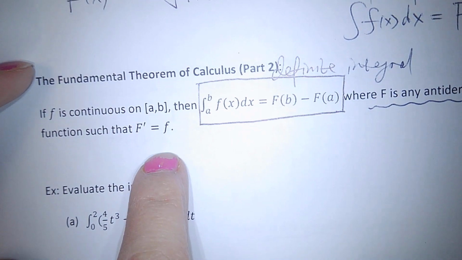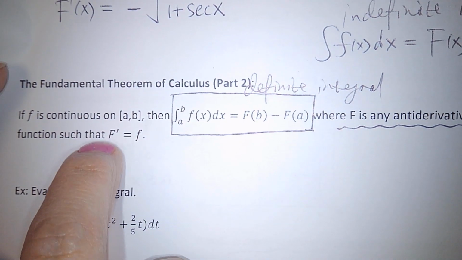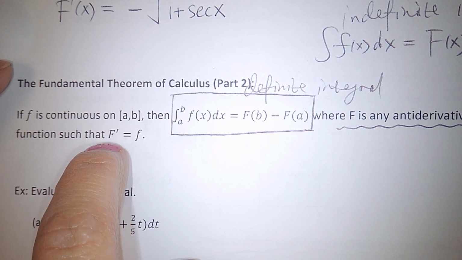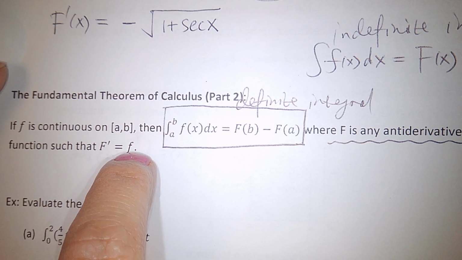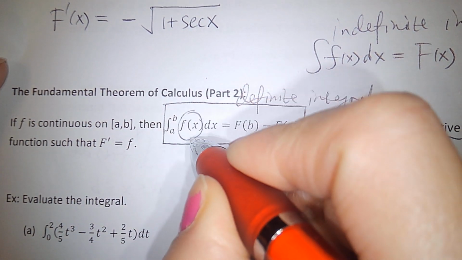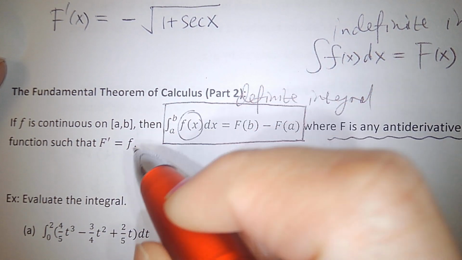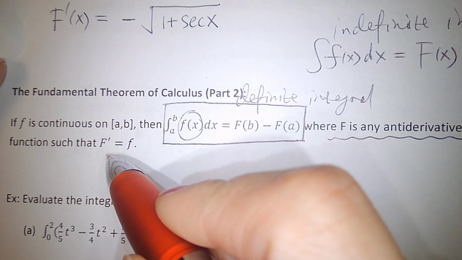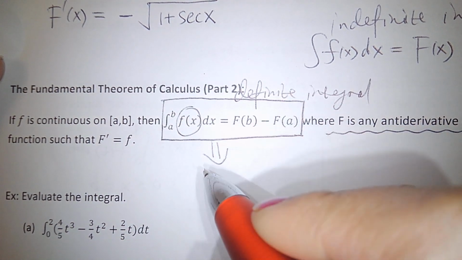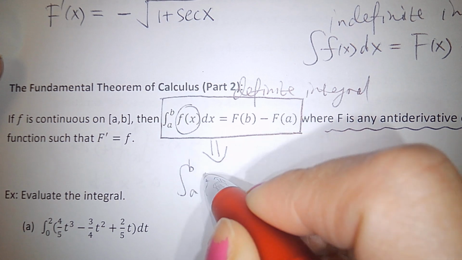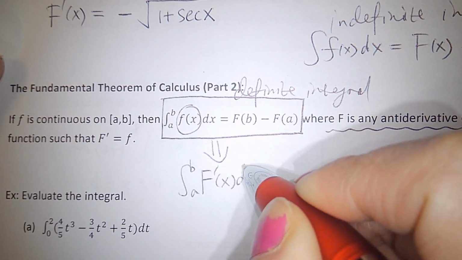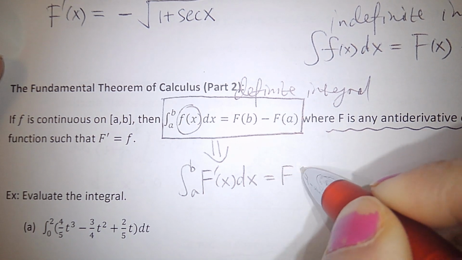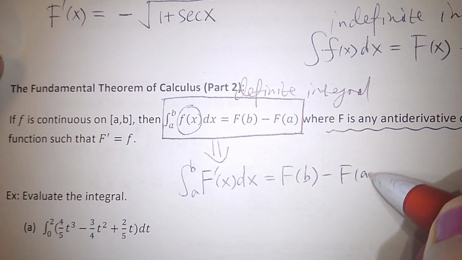Here it says F prime equals f, because capital F is an antiderivative, so it satisfies that its derivative equals f. Here we replace lowercase f by capital F prime. So we can rewrite this as the integral from a to b of F prime of x dx equals F of b minus F of a.